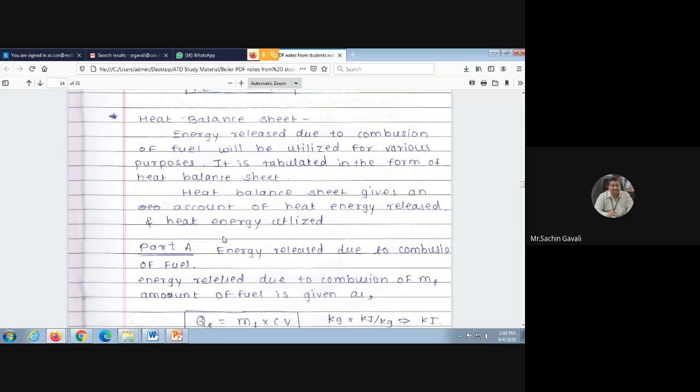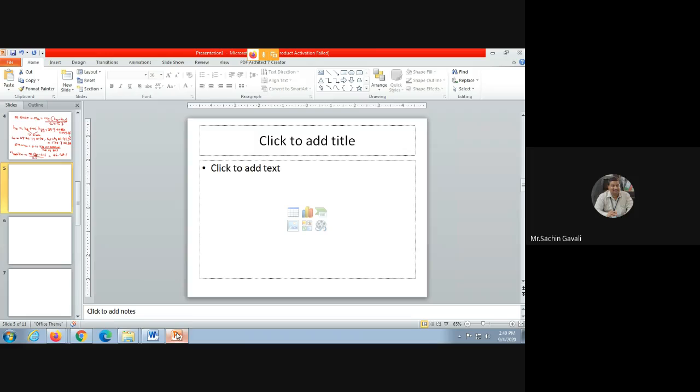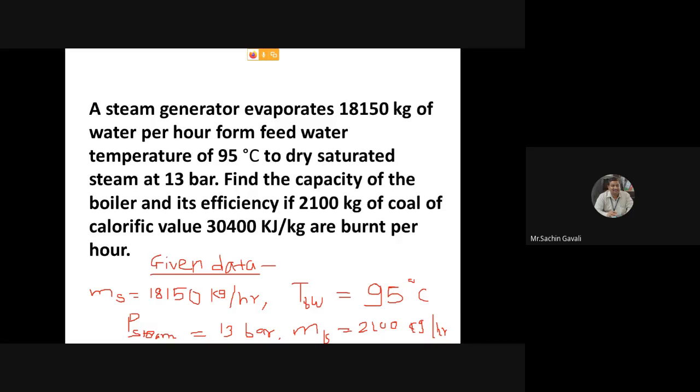All amount of heat supplied to the boiler. Write down the article, I will also help you. Heat losses in boiler plant.